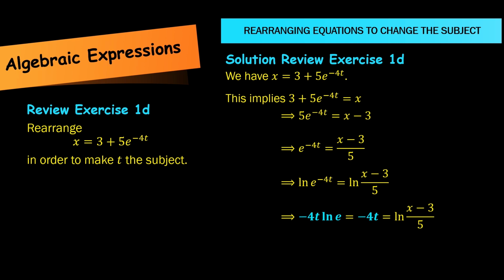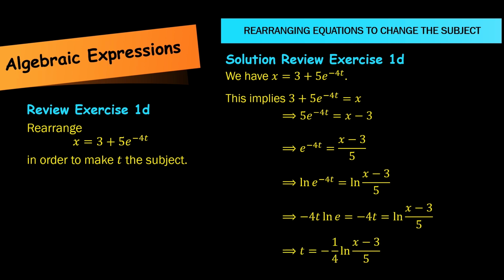So therefore, minus 4t ln of e is equal to minus 4t. And therefore, dividing through by minus 4 gives us that t equals minus 1/4 times ln of (x minus 3) all over 5.